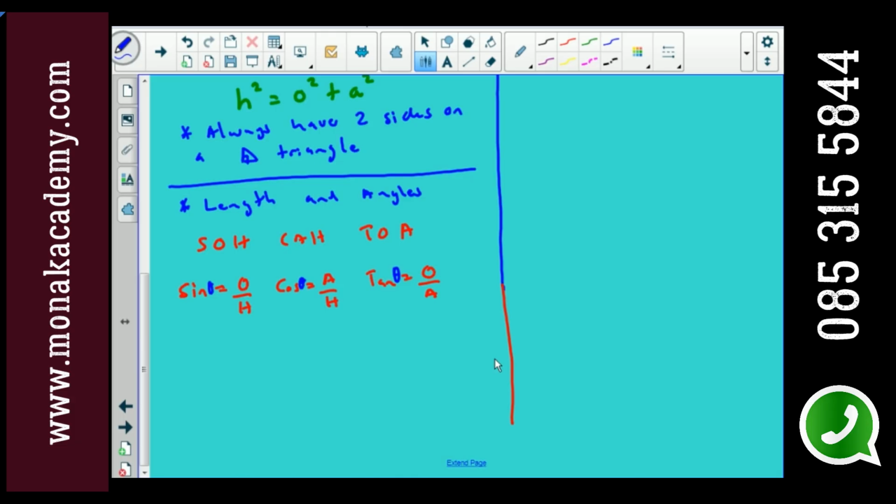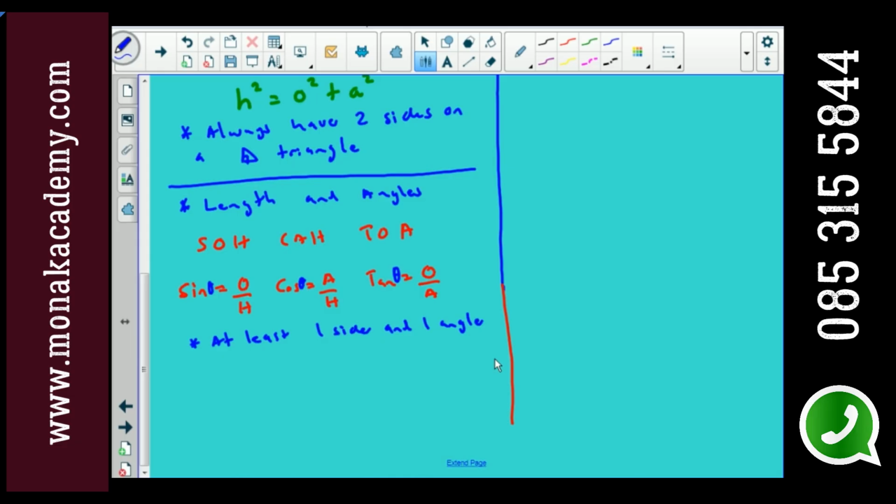So that's why I said you must have at least one side and one angle for this to work. At least. It can be two sides and an angle, whatever, but if you have this minimum number of things, it will be possible to calculate the rest using SOH-CAH-TOA.